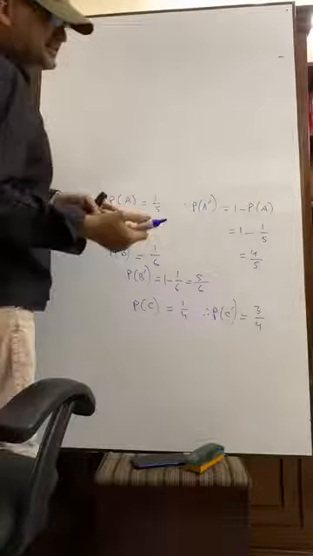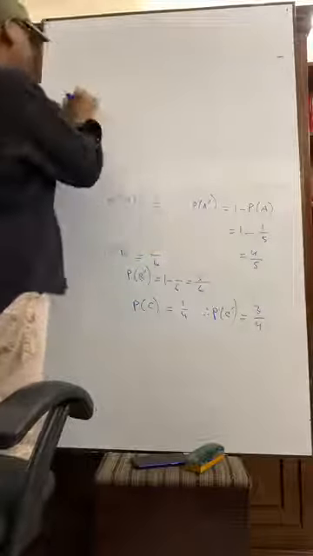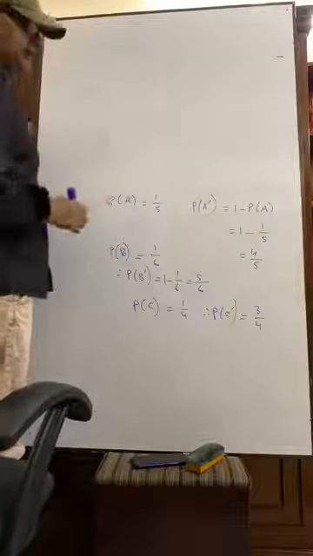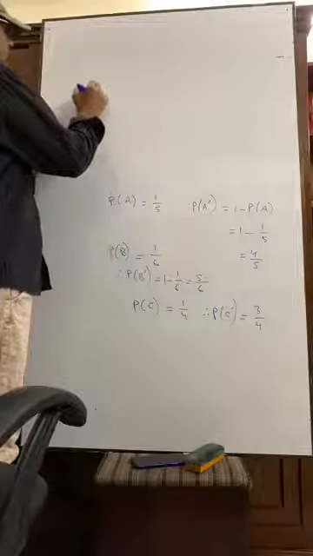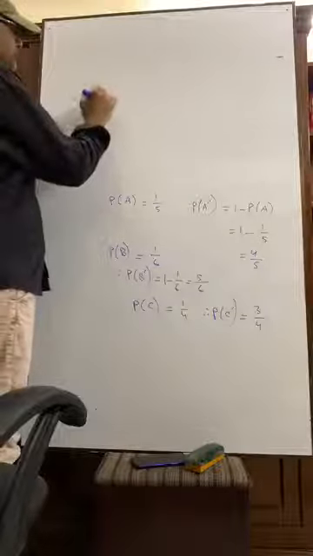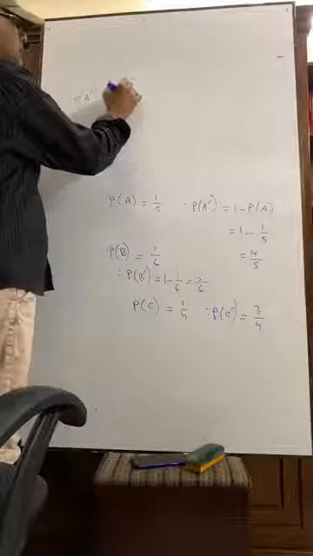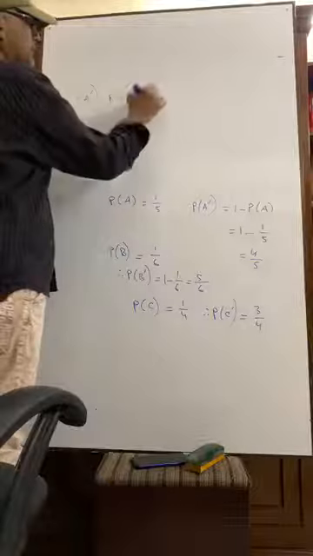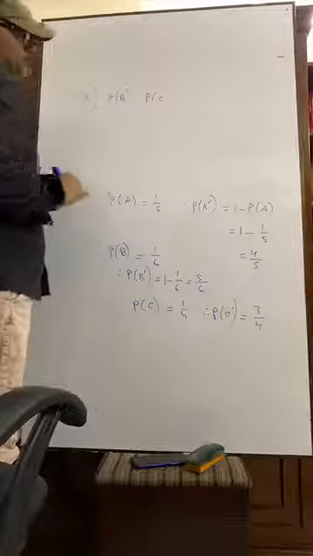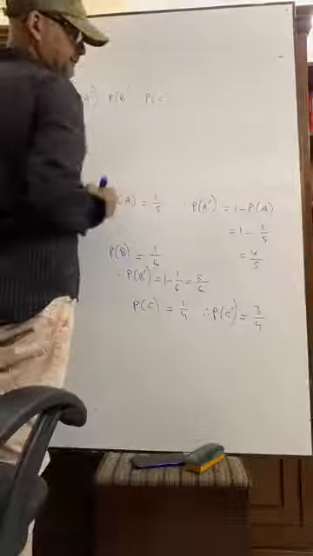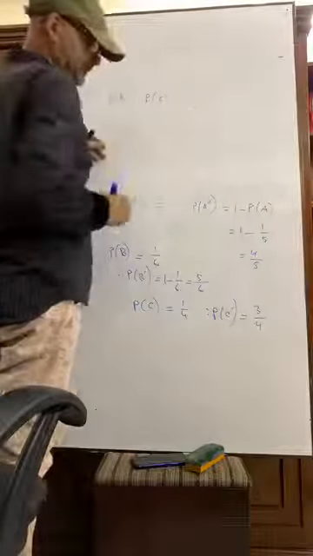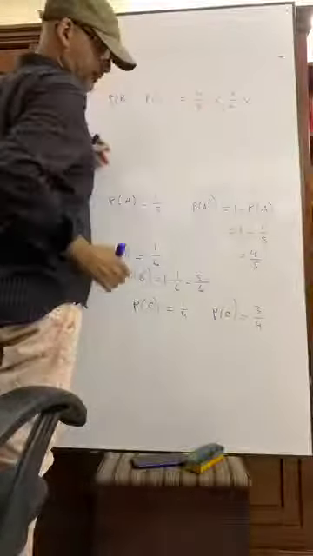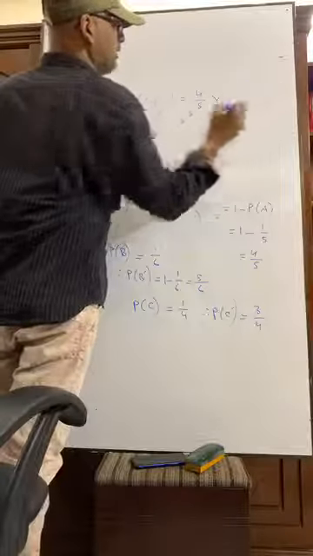So A, B and C cannot do the math. That is, A prime into B prime into C prime is equal to 4 by 5 into 5 by 6 into 3 by 4.